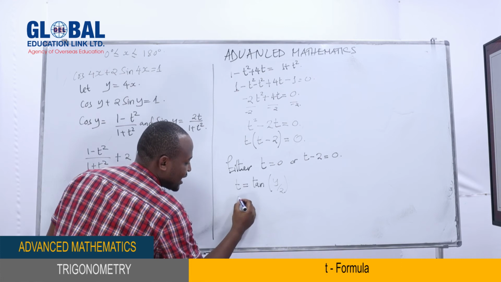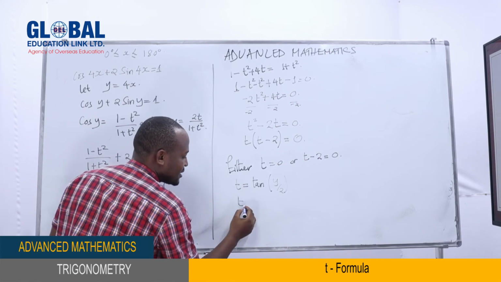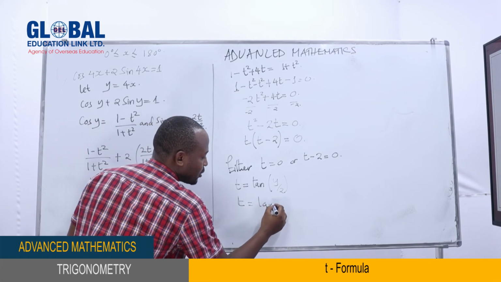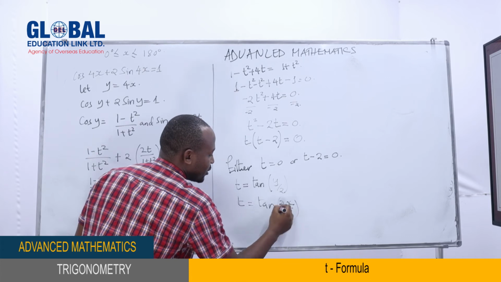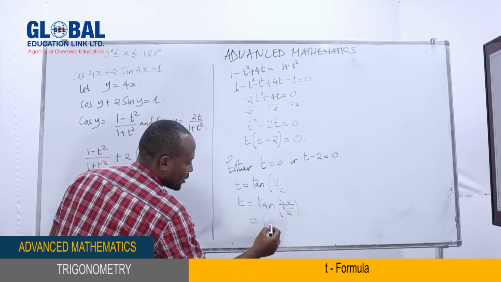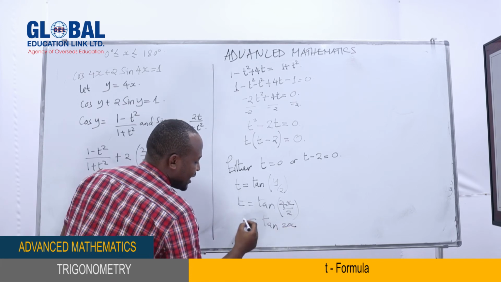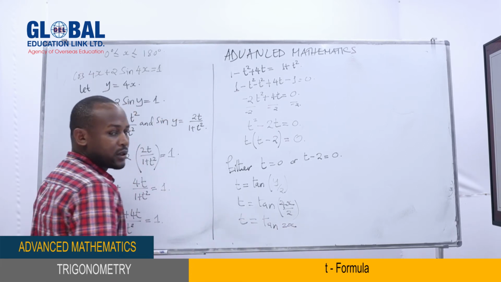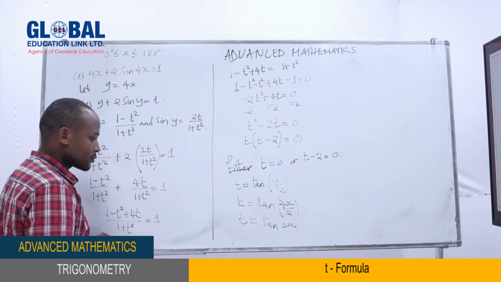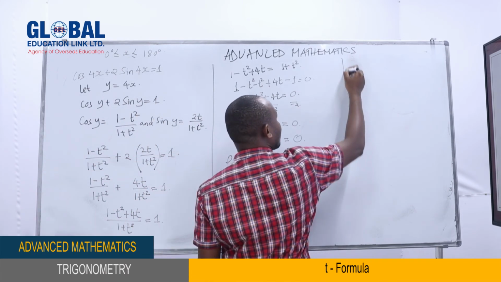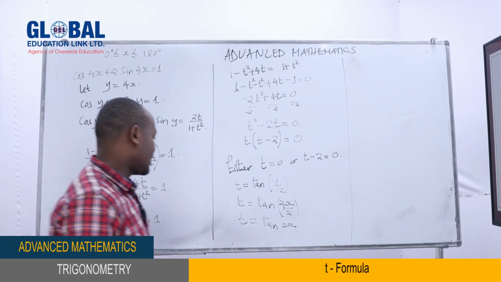That is to say, our t now equals tan of 4x divided by 2, which is tan of 2x. This is the value of t. Now, if that is the value of t, then let's see.